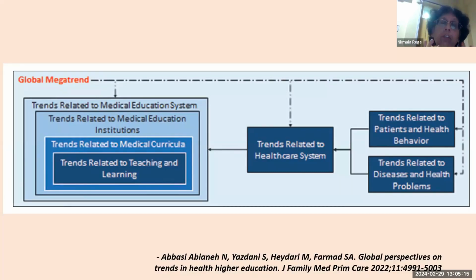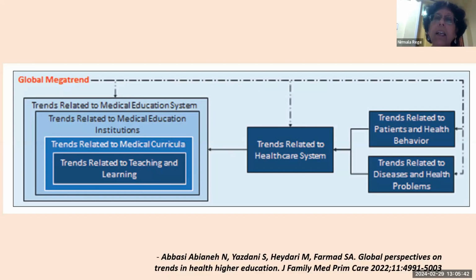So if we want to see the global trends, what are there? All these global trends, as you see over here, are trends related to the medical education system, within which are the trends related to the medical education institutes, the trends related to the medical curricula run in these institutions, and of course the trends related to teaching and learning.